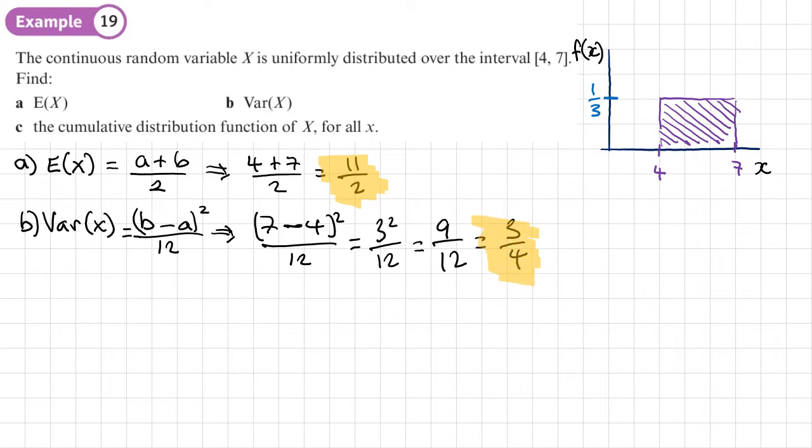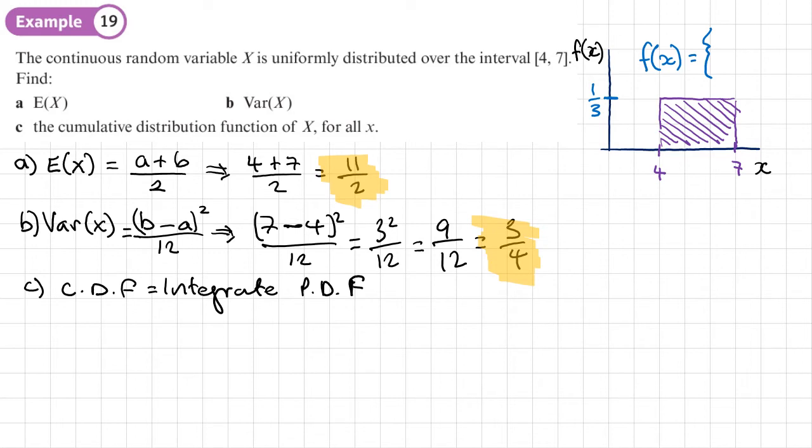And then part C, we need to find the cumulative distribution function of x for all x. So to find the CDF, you'll remember that we integrate the PDF. So let's work out what the PDF is for this. Basically that's going to look like this: f of x.